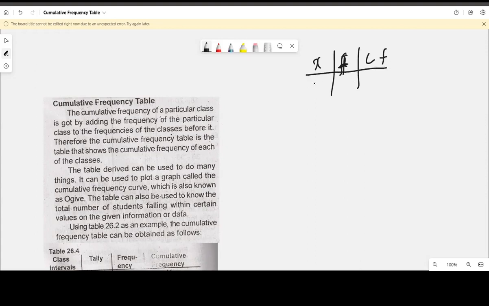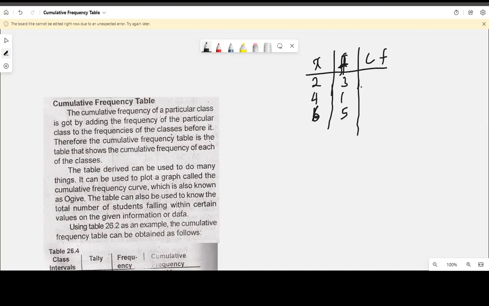Then I have different data. Maybe 2 is one of the data, 4 is another data, then 6 is another. Then maybe 2 appears 3 times, 4 appears 1 time, and 6 appears 5 times.